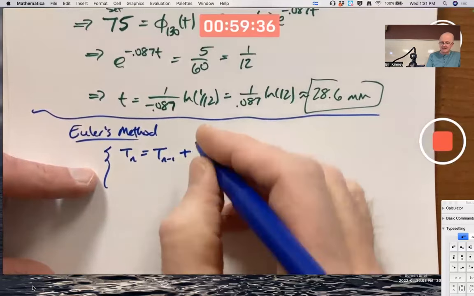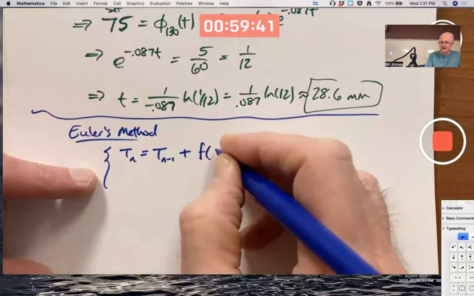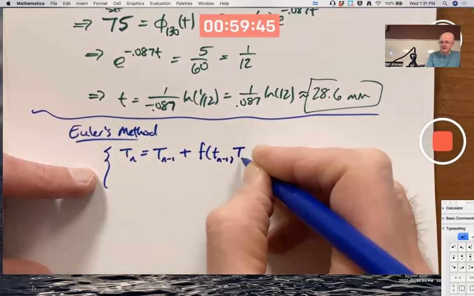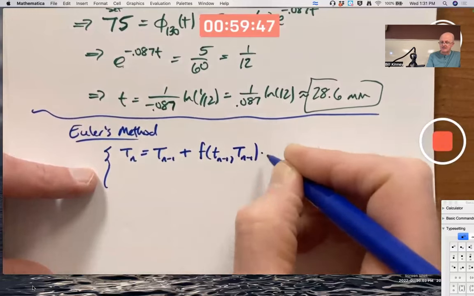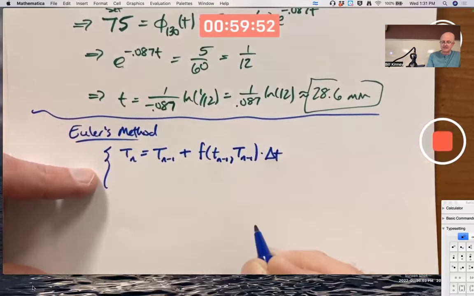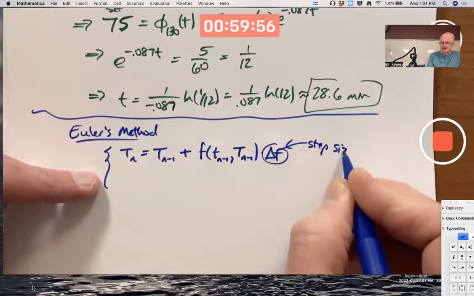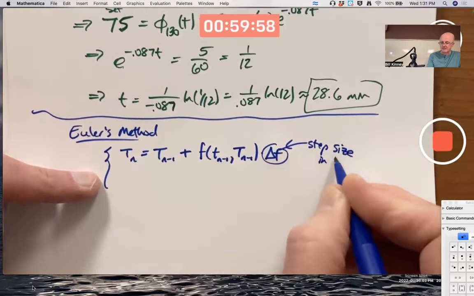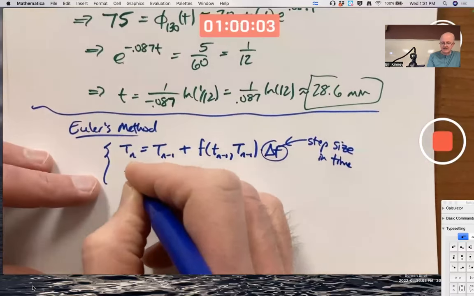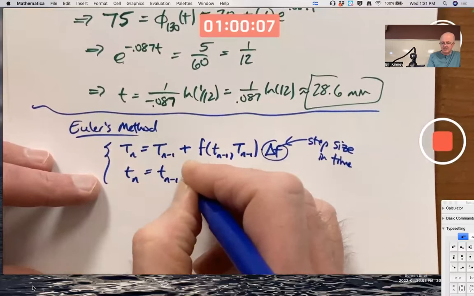And the slope field had slopes equal to the right-hand side function evaluated in general at the previous time and the previous value of the dependent variable times delta t. Where that's a little t there, that's the step size in time. You also have to update the times. So you actually have a second equation, little t sub n equals the previous value of time plus the change in time.